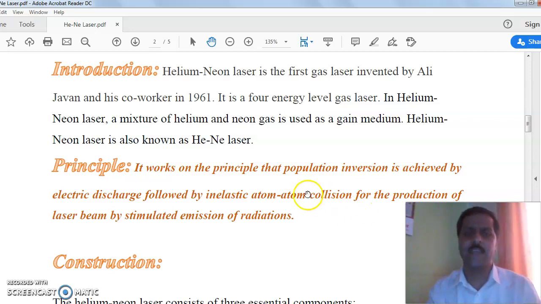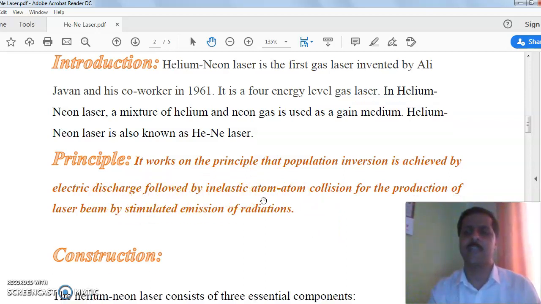That is, here in this helium neon laser, first an electric discharge is produced in the discharge tube, and due to the electric discharge, these gases get ionized, then the ions get accelerated, collide inelastically with themselves, exchange their energies, and go to the excited state. So as shown here in the principle, electric discharge is followed by inelastic atom-atom collision.